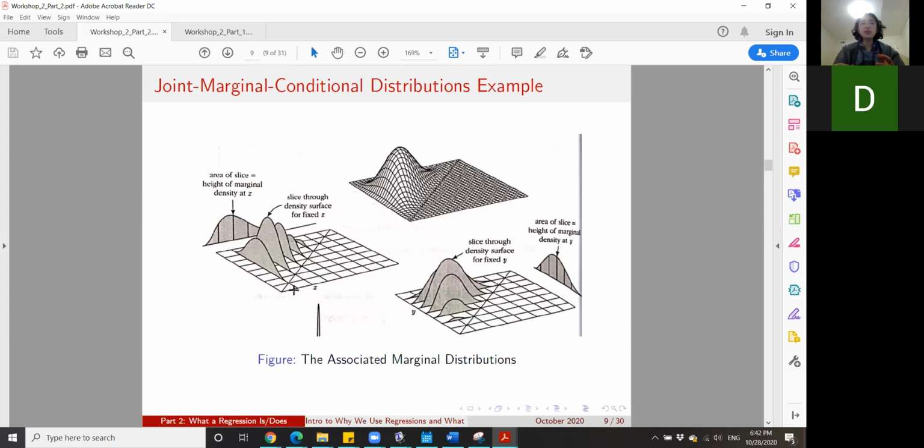The reason for this is that the formula involves integrating over dx. The volume of this slice is the area times dx, and as you take it for a single fixed x, that volume becomes that area, and that area becomes that height.